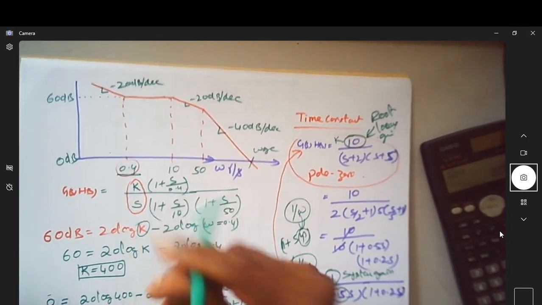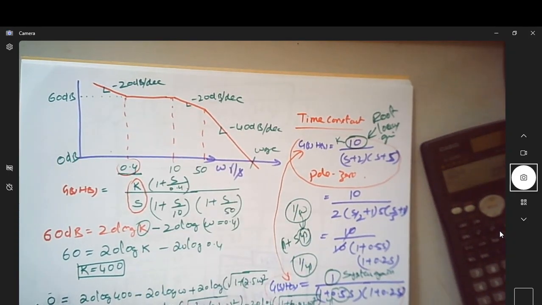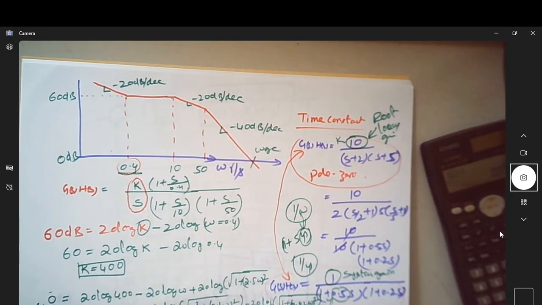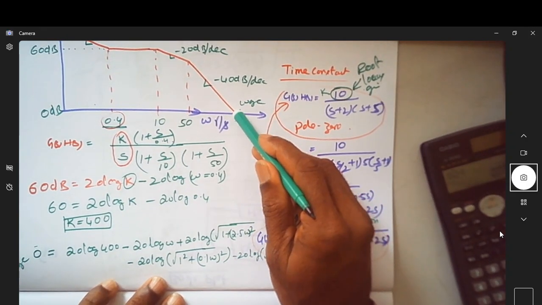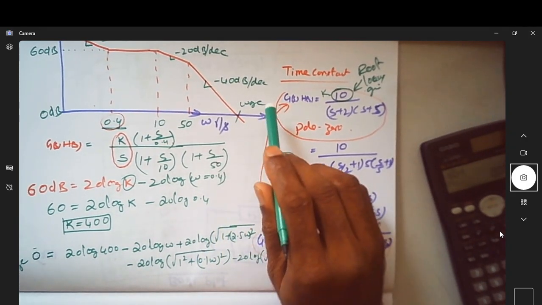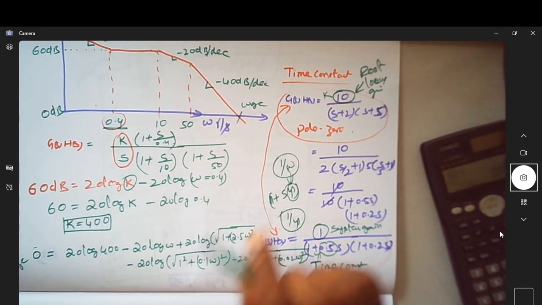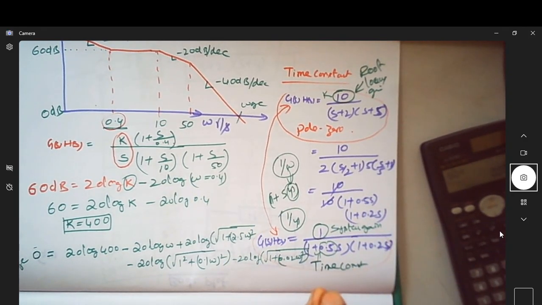But since this is an asymptotic plot, whatever omega GC you will get will not tally on your semi-log sheet, because on the semi-log sheet we will plot an asymptotic plot. It's an approximate plot. So to get the exact value you get on the semi-log sheet, we have to make a slight adjustment.